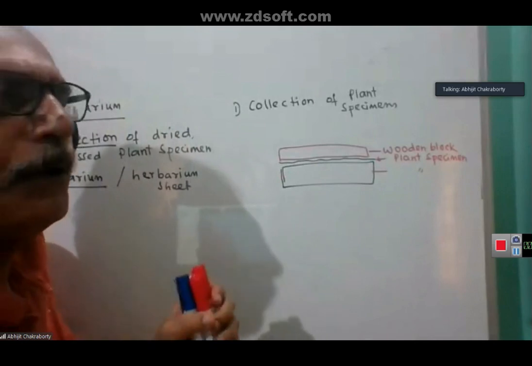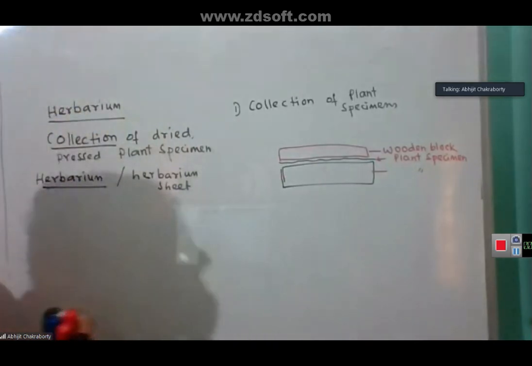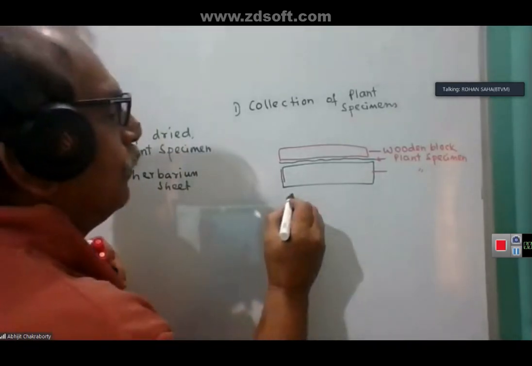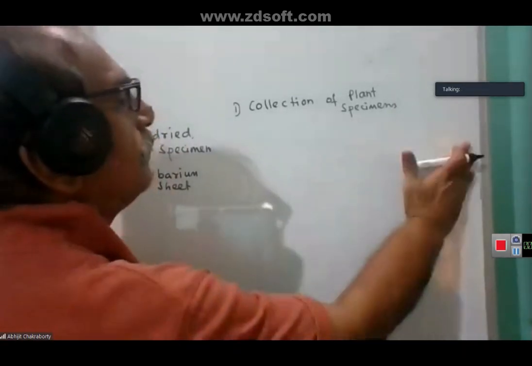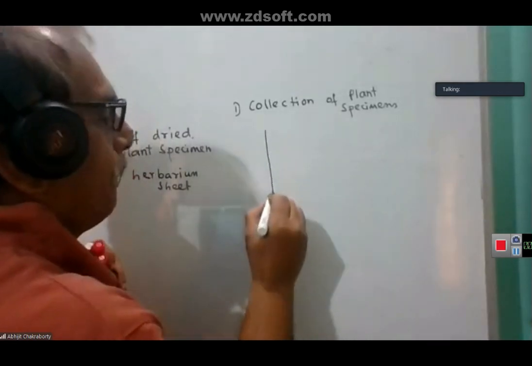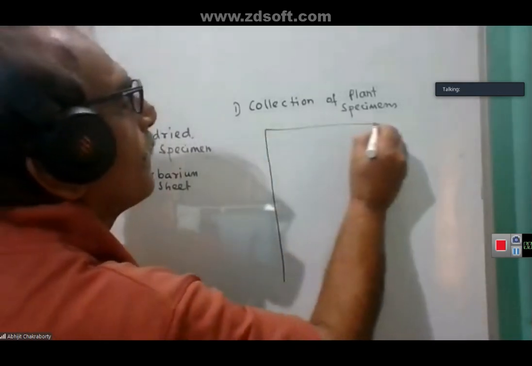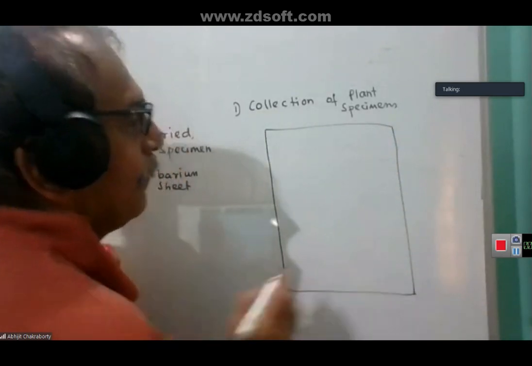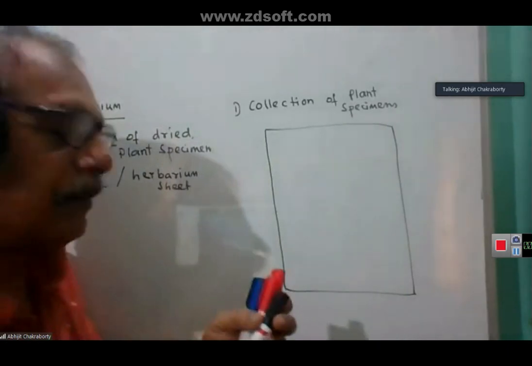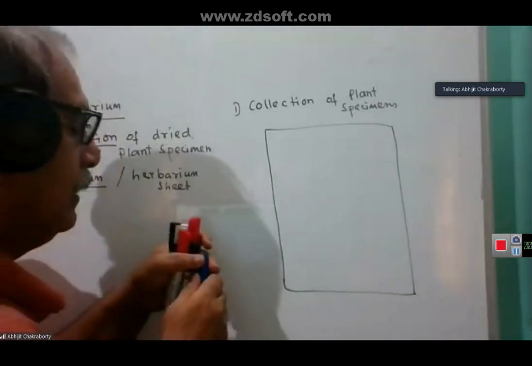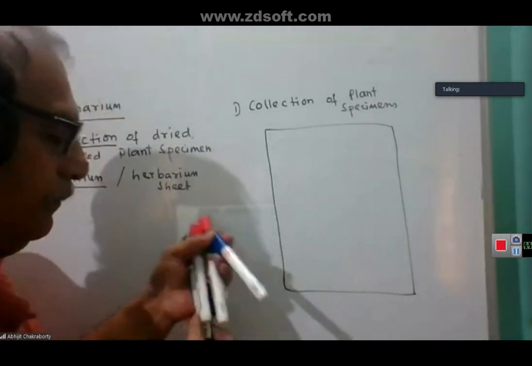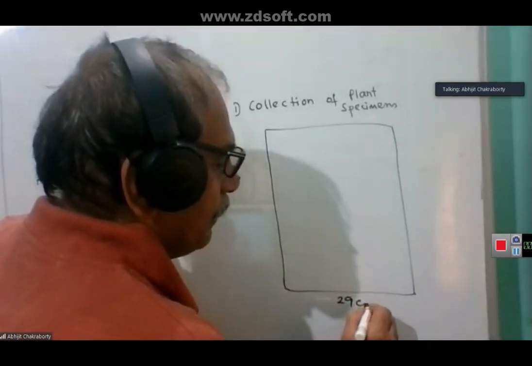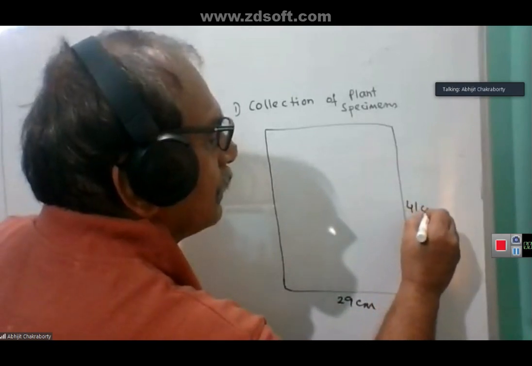So what about the herbarium sheet now? Look at one thing. One herbarium sheet: its breadth should be 29 centimeters and its length 41 centimeters.